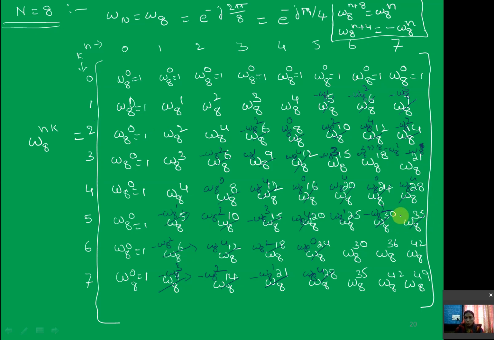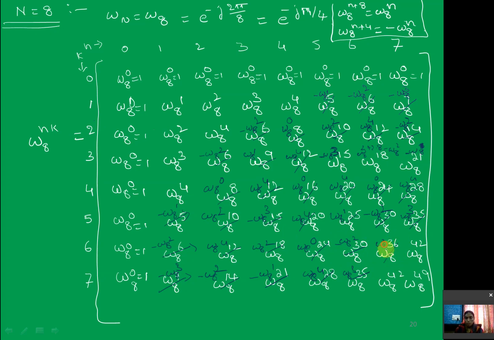What is the W8 power 3? You know that one. W8 power 3 plus 4 into 8, 4 8s are 32 plus 3, 35. Now these two are also finished: minus W8 power 2, W8 power 3. Coming to W8 power 36, that is 4 8s are 32 plus 4, 36.